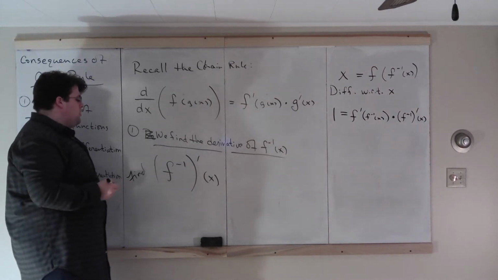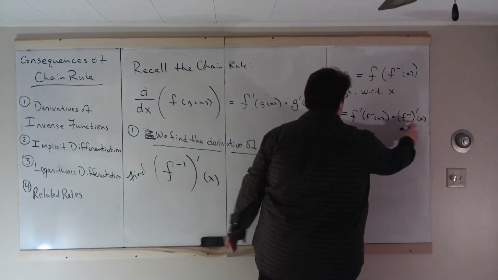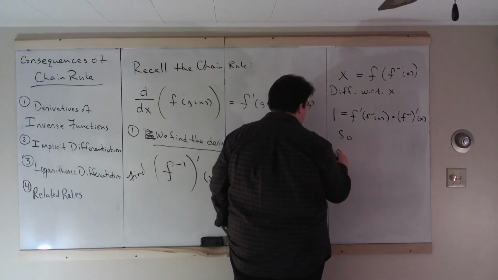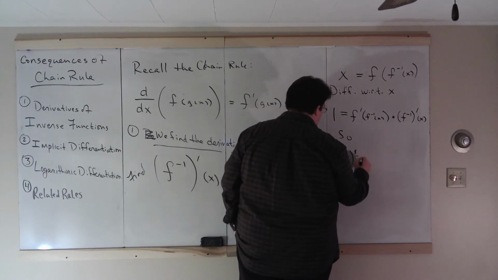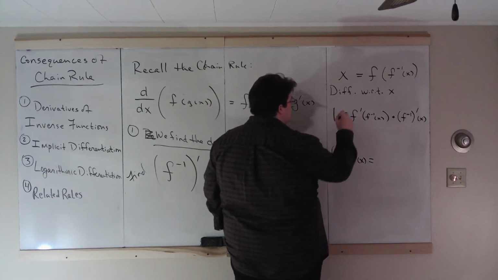So look at that. Our goal was to find this, and there it is, right there. So all we have to do is solve for it. So f inverse prime of x, divide by this quantity. Oh, I should mention, this is by chain rule.